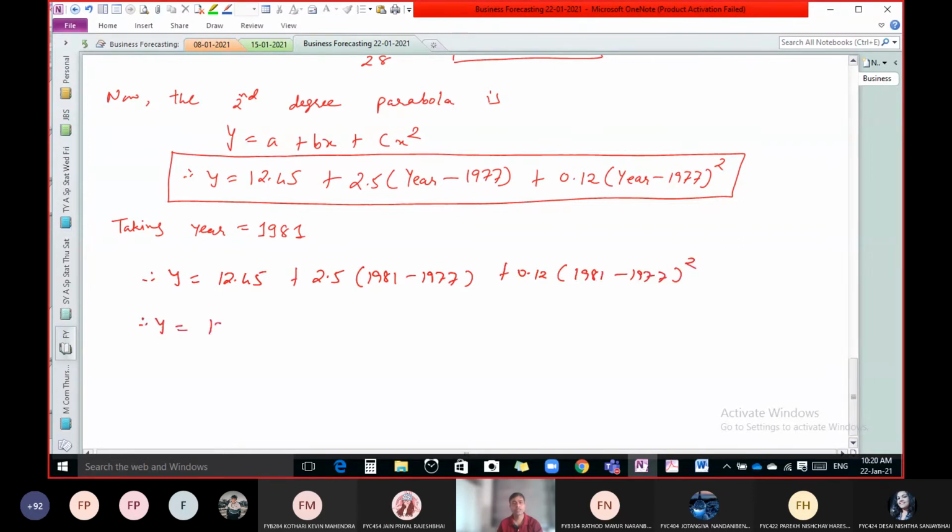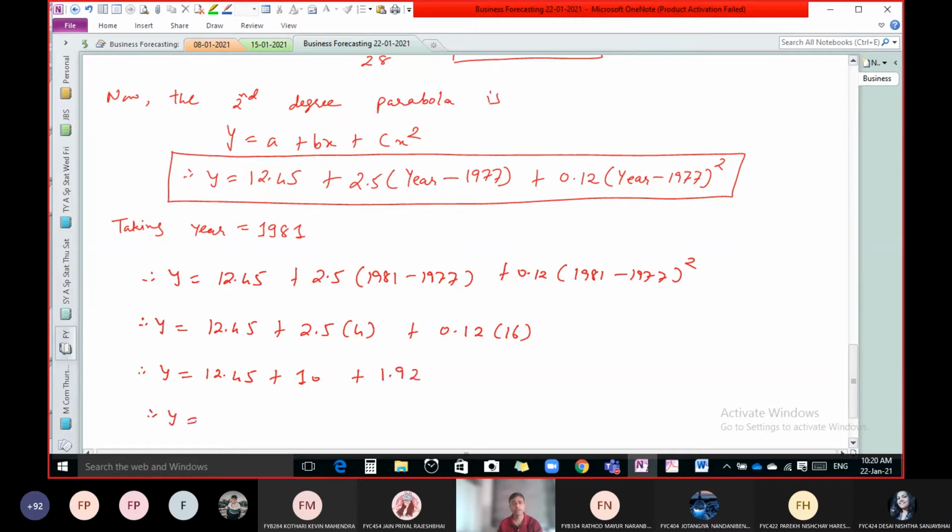So do the calculation. 12.45, this is 2.5 into 4, and this is 0.12 into 4 square, obviously 16. So y equal to 12.45 plus 10. What is the calculation? 1.92. Yes.